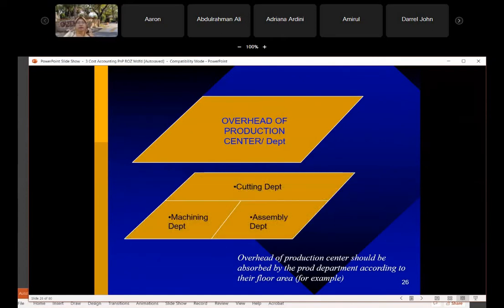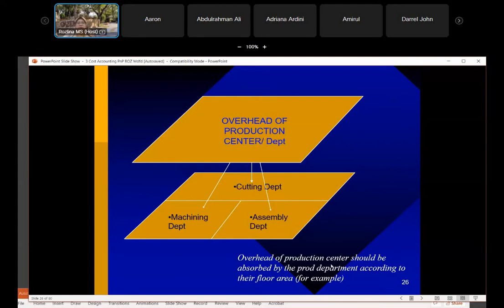Okay, so we have to absorb their overhead. The overhead of the service center has to be absorbed by the production departments, such as the cutting department, machining department, and assembly department. We have to distribute the cost.